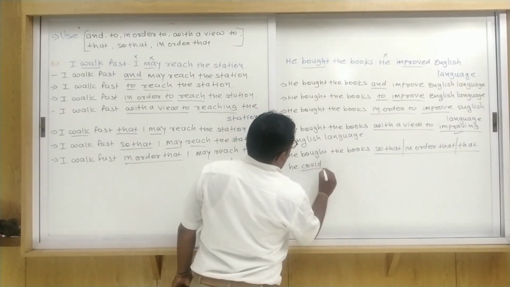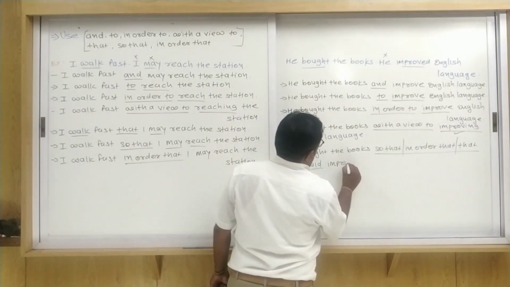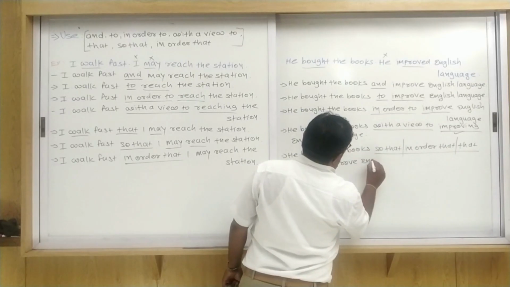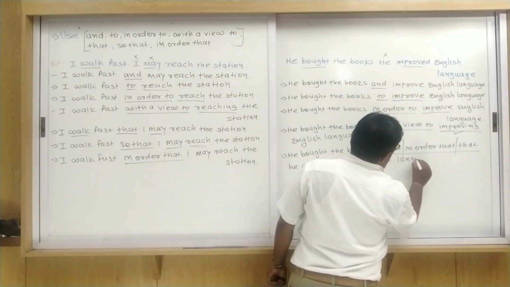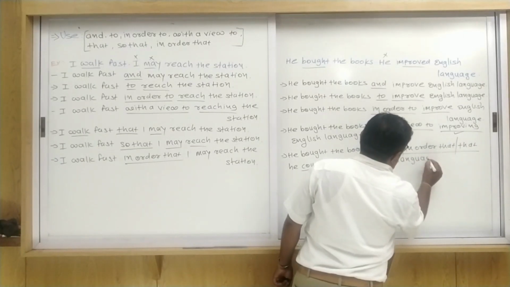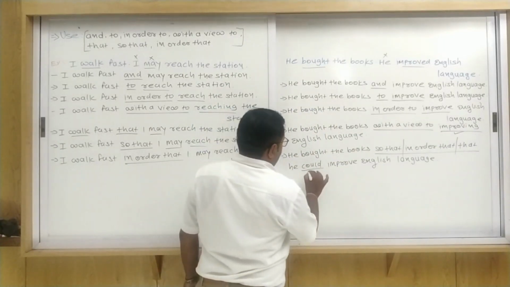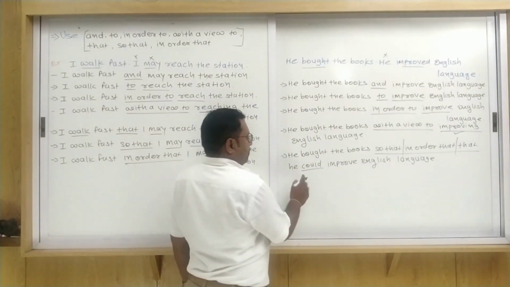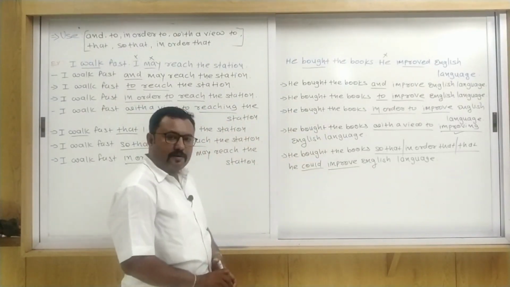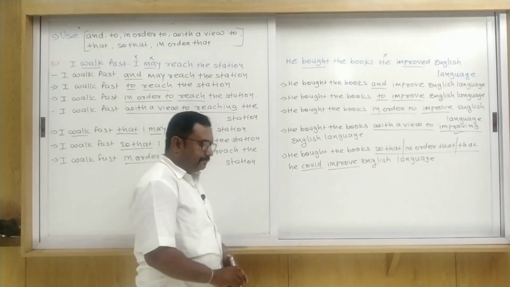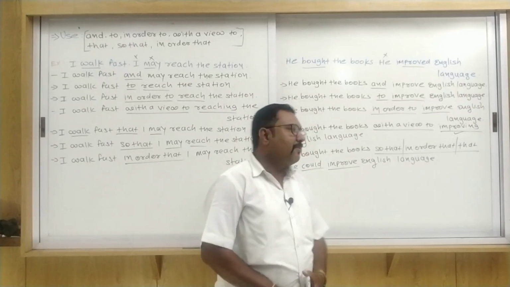He could improve English language. So when we use modal auxiliary past, at that time we use the main verb V1. Okay, understood?